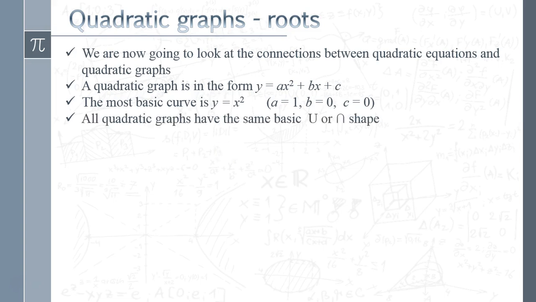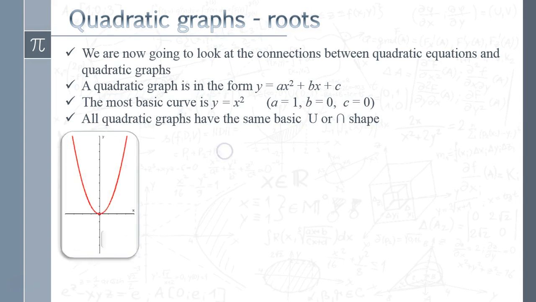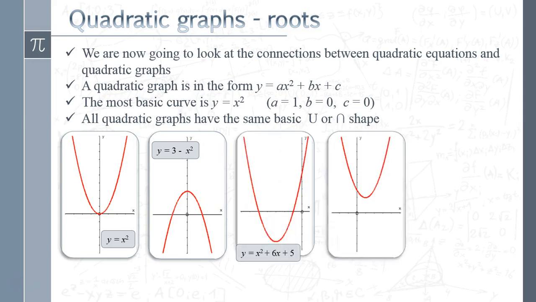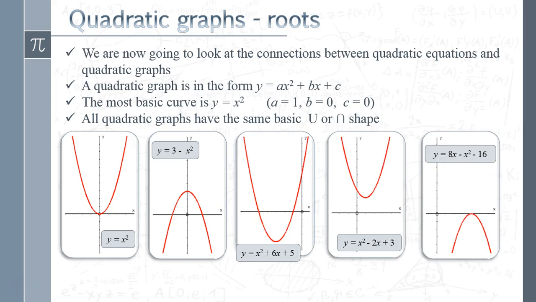We should also know that all quadratics have the same shape, which is either going to be a U shape or the N shape, which is the negative version. And there you go, there's our y equals x squared curve. All that's really happening is that the other curves or equations are either turning it upside down, as in that case it's a negative quadratic, or we've got a positive one where they've been shifted a bit, moved across, moved down, moved up, and then we've got one in the end which is negative again.